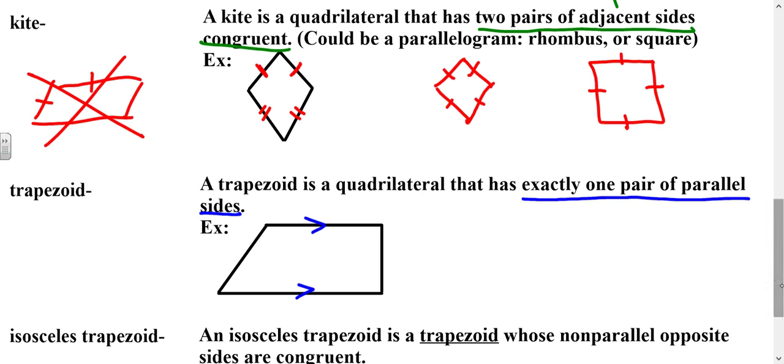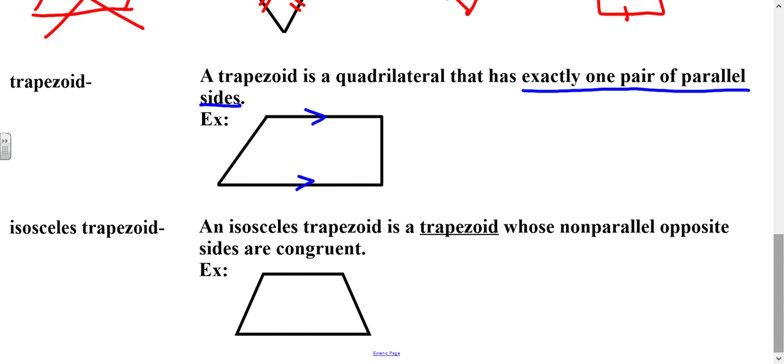Now we have one last one, the isosceles trapezoid, which is a type of trapezoid, which means that it has one pair of parallel sides. Notice I use the symbol for parallel.